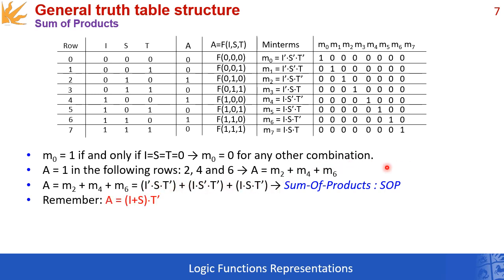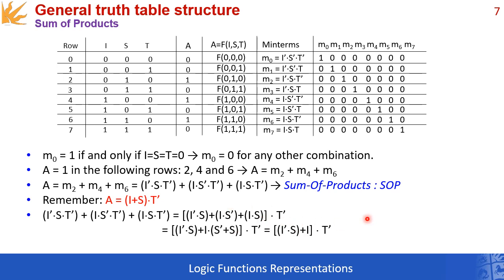Now remember that we started from this logic function over here for the alarm. Now let's take the sum of the products. You can easily spot that the complement of t is the common term here. So if you extract it, you get this. And then by using the rest of the basic operations and 2 and 3 variable theorems, you will soon end up in the original alarm Boolean function.